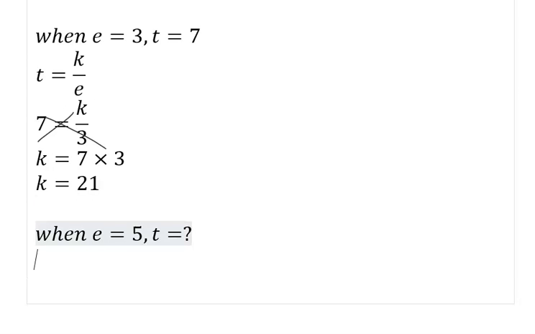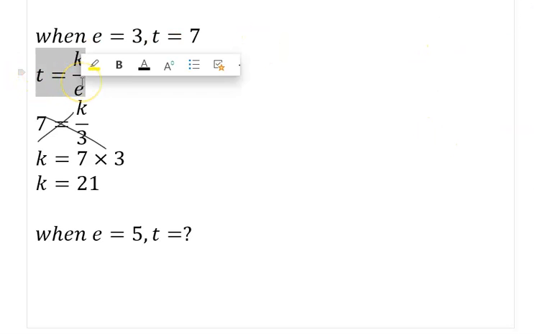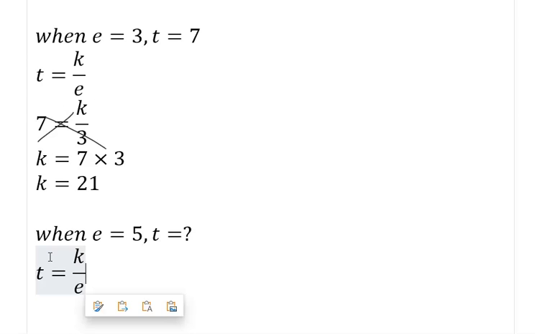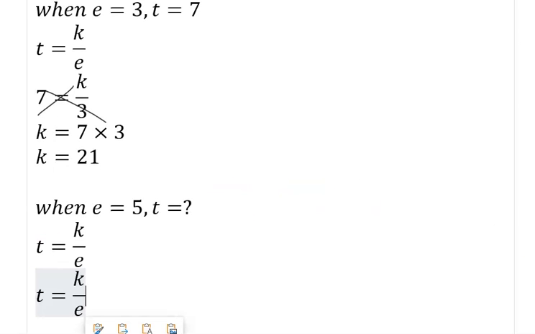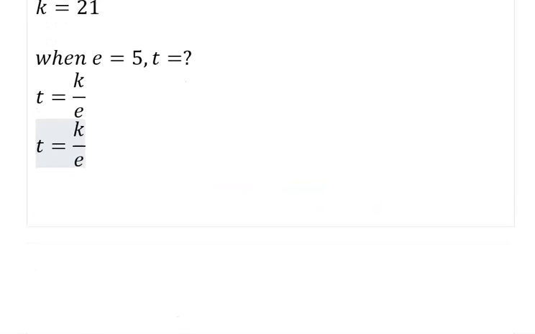So what we just do is take our equation 1 as usual. So our E is 5.